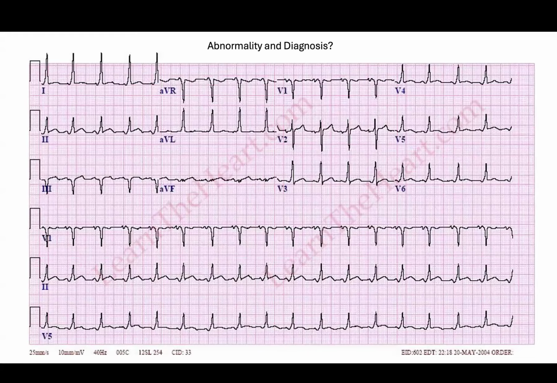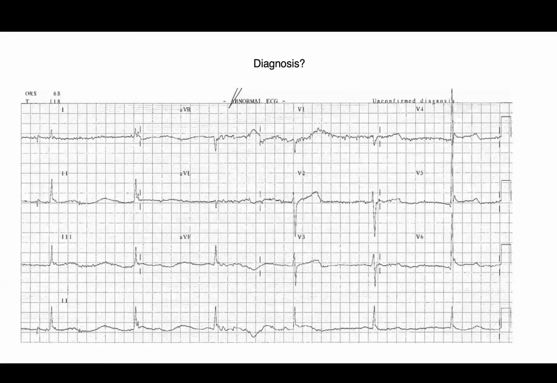What abnormality can you see and what is the diagnosis? Superb. So what does that indicate? Excellent, excellent. So it is Wolff-Parkinson-White syndrome. All right. So, okay, what does this ECG signify?